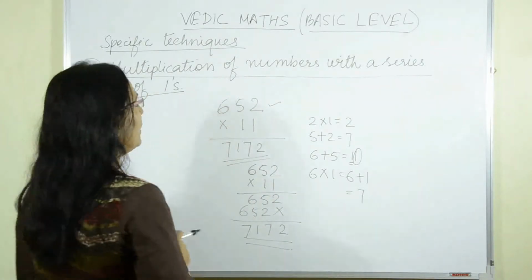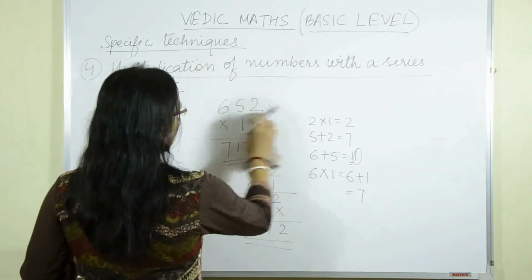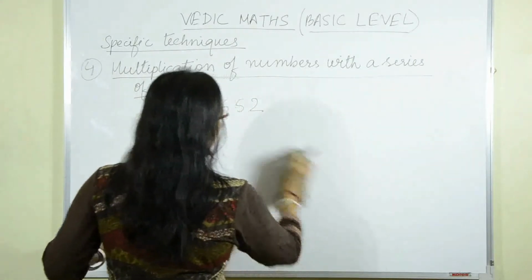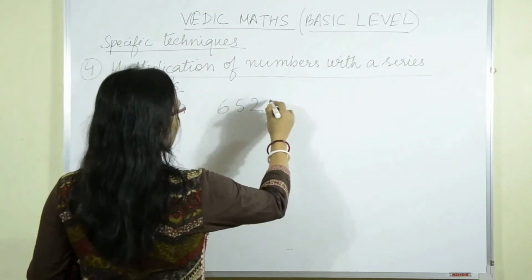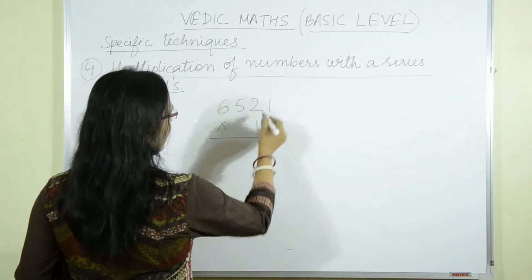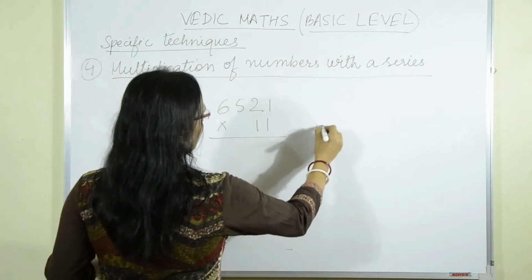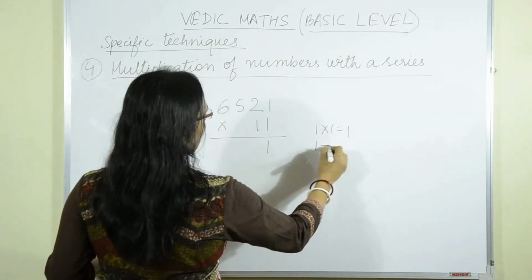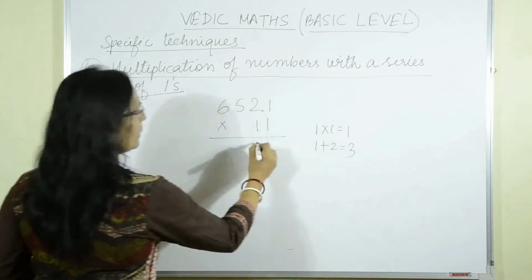What if it's a 4-digit number? Say, for example, I add one more number here. Let me add 1 here, and I multiply it with 11 again. Now what will we do? First step is 1 into 1. Second step is 1 plus 2, that is 3.